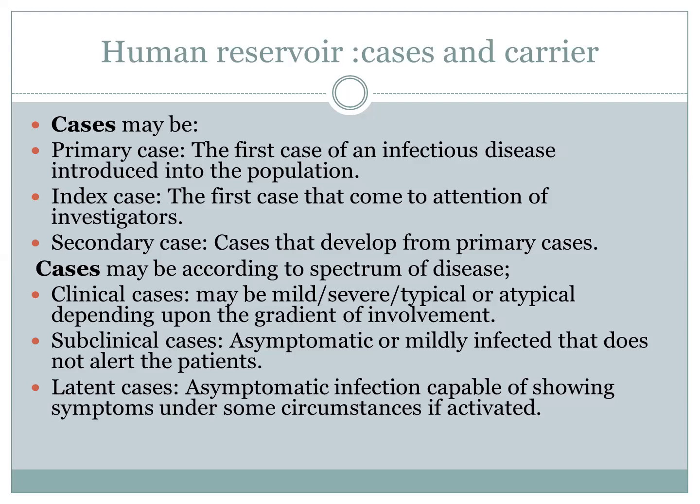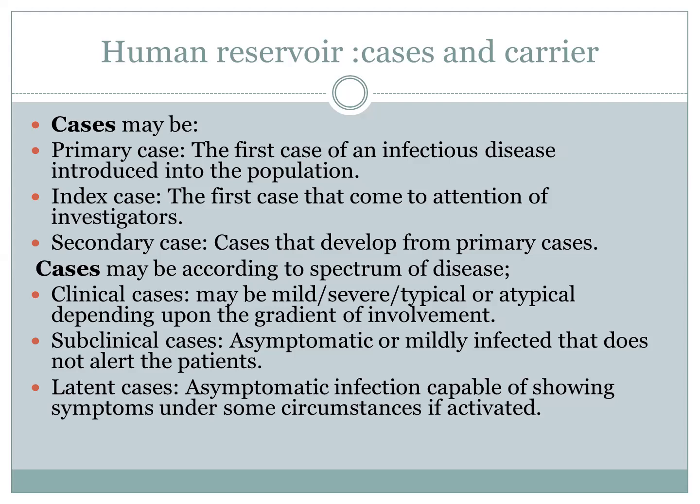So primary case is the first case of that particular disease. Index case. What is index case? Index case is the first case that has come to attention of investigators. So primary case is not necessarily the index case. The primary case has infected a lot of persons before it finally comes under attention of the concerned person.